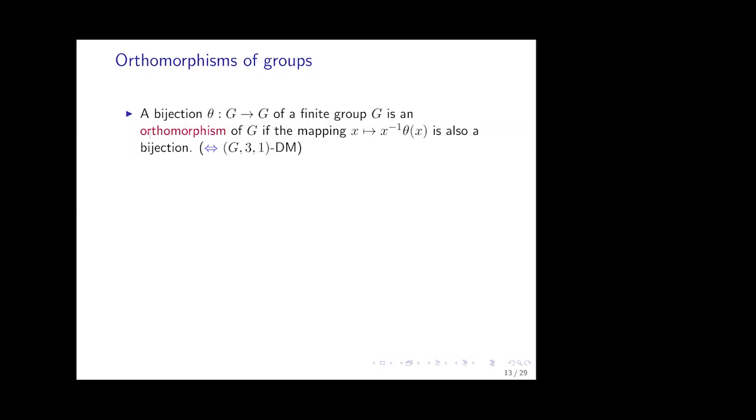According to the definition of orthomorphisms of G, theta is a bijection, so theta x forms a permutation.